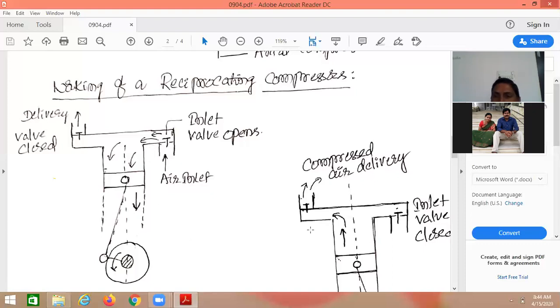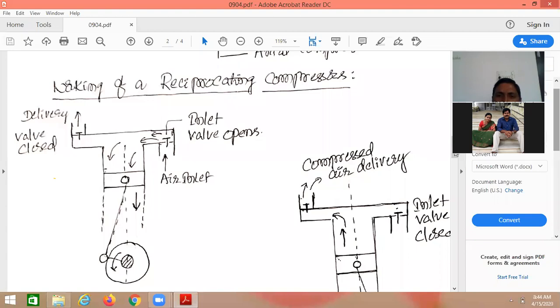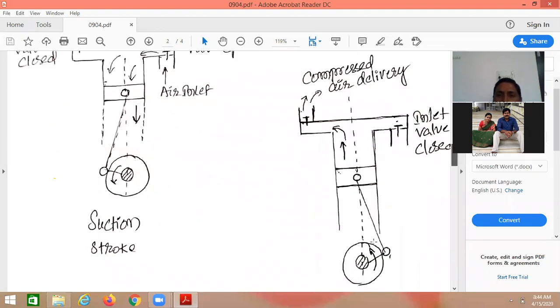Next, what is happening in the next 180 degrees of crank rotation? The piston starts to move in the upward direction, which we call the compression stroke. During this compression stroke, both valves are kept closed, and the trapped air inside gets compressed and the pressure rises.